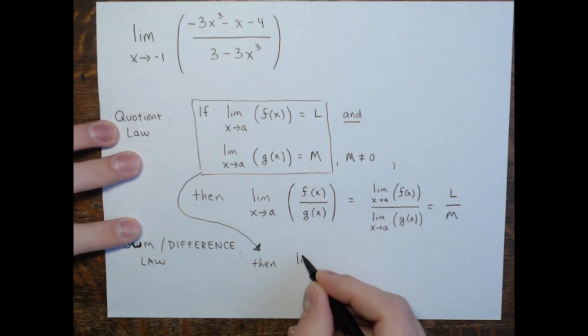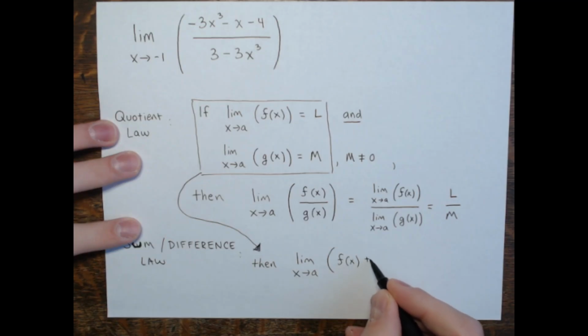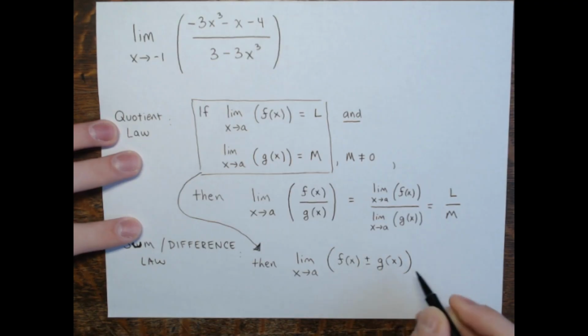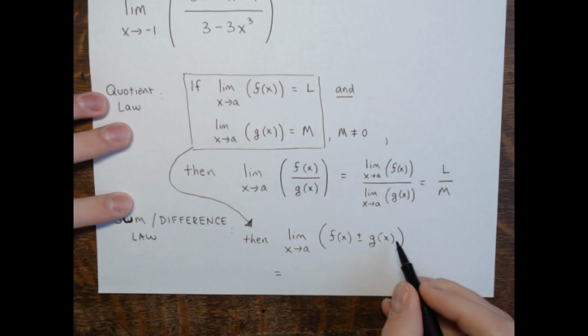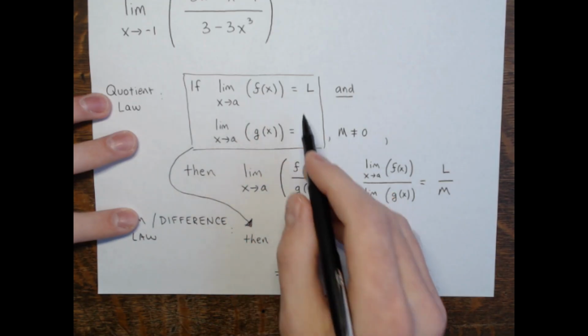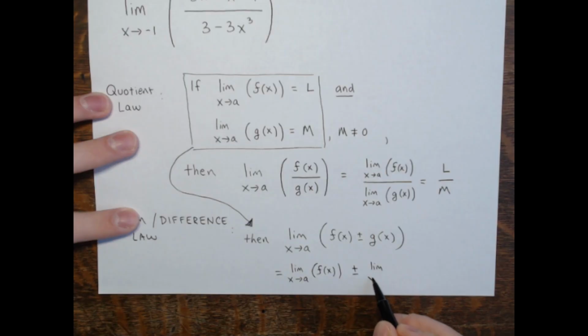Then the limit as x approaches a of f of x plus or minus g of x, you can go term by term and say this is equal to, again, as long as these limits exist, the limit as x approaches a of the first term, which is f, plus or minus the limit as x approaches a of the next term, which is g.